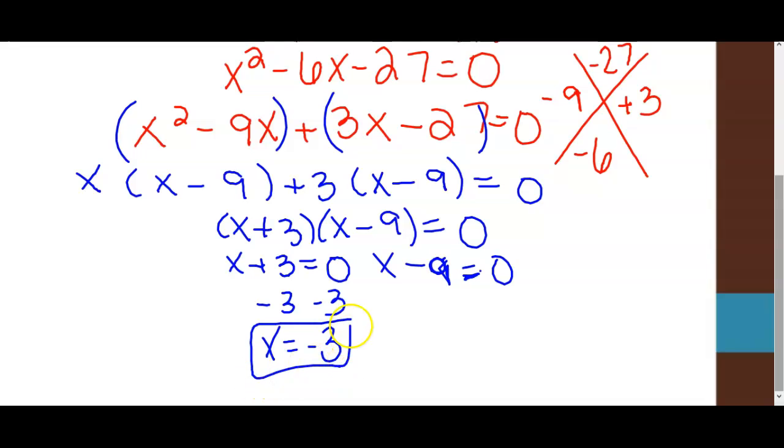So negative 3 and positive 9. Those are the roots, the solutions, the zeros. Where it crosses the x-axis, those are my answers.